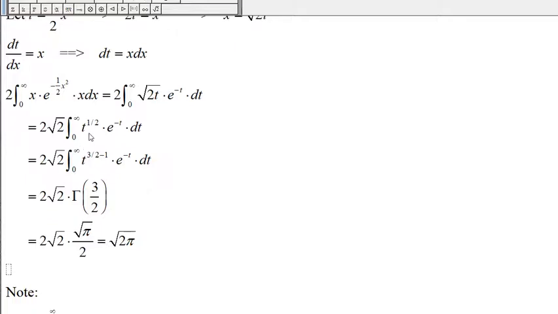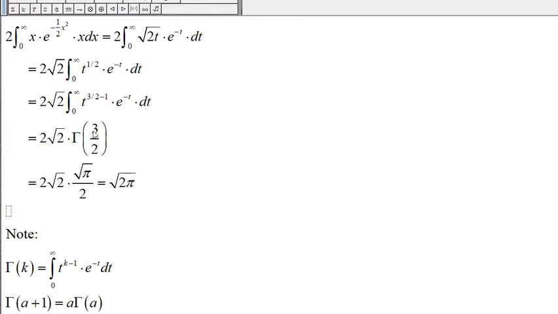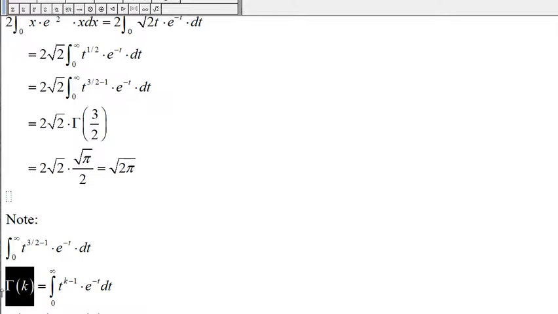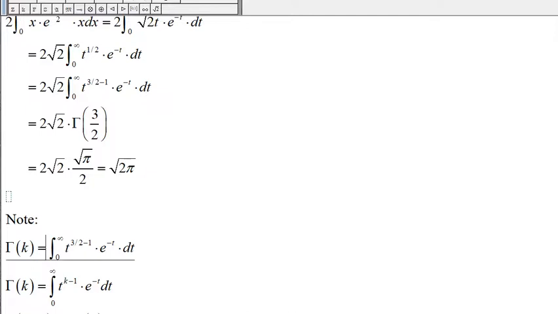1 half is the same as 3 halves minus 1. This part right here, this integral, is the gamma function with k equal to 3 halves.